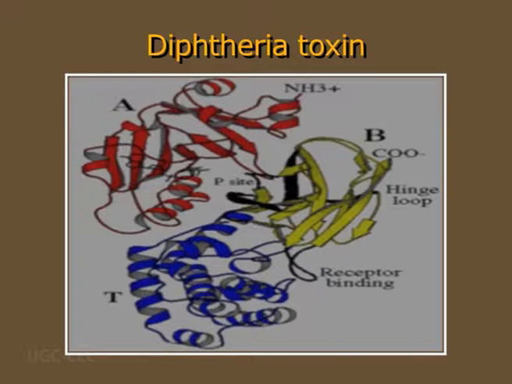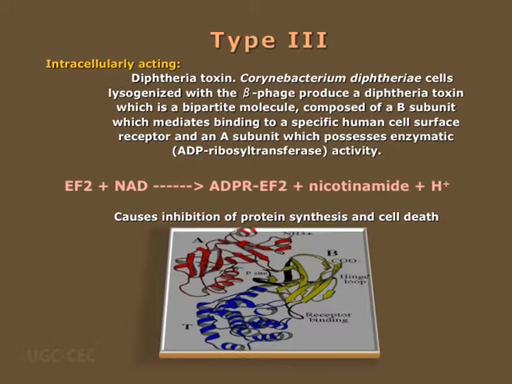The B subunit mediates the binding of this toxin to the human cell surface receptor, and the A subunit has the enzymatic activity.